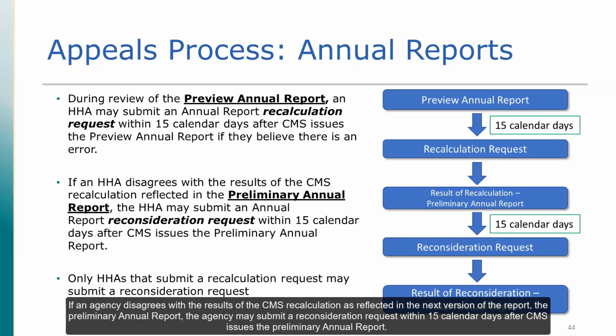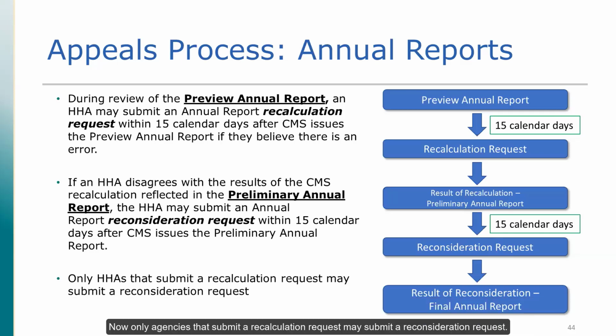If an agency disagrees with the results of the CMS recalculation as reflected in the next version of the report, the preliminary annual report, the agency may submit a reconsideration request within 15 calendar days after CMS issues the preliminary annual report. Now, only agencies that submit a recalculation request may submit a reconsideration request.